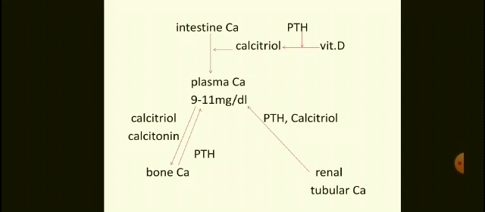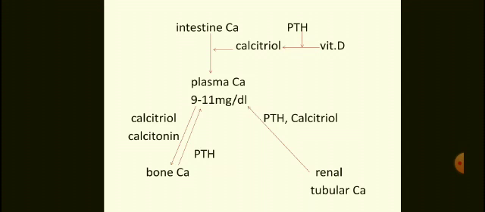Again, both calcitriol and calcitonin cause bone mineralization, whereas PTH causes demineralization of bones. That time calcium from bones enters the blood. Then PTH and calcitriol cause renal tubular absorption of calcium.